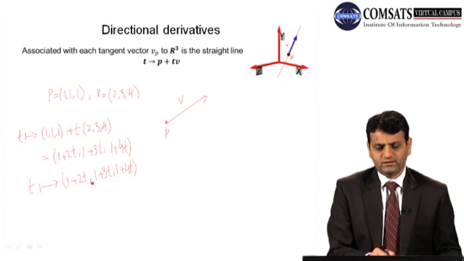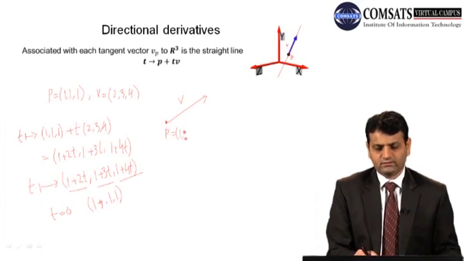So what do these coordinates mean? If I take any particular value of t, let's say t equals 0, then it gives me (1, 1, 1), which we know is a point on the line. So the line containing this vector contains this point.